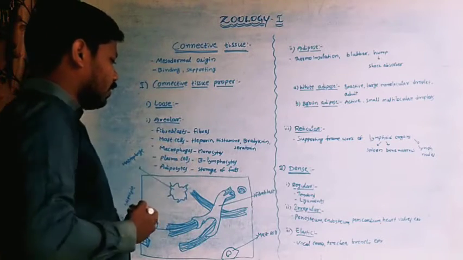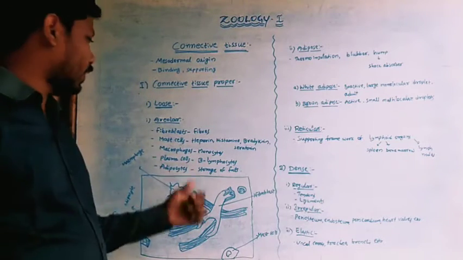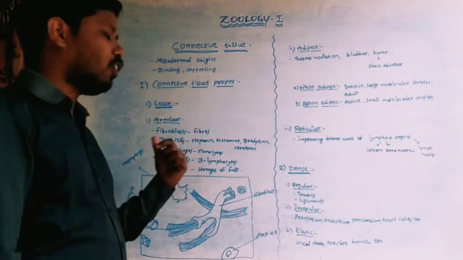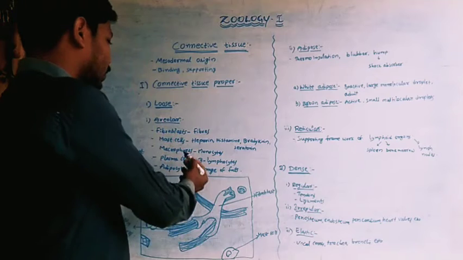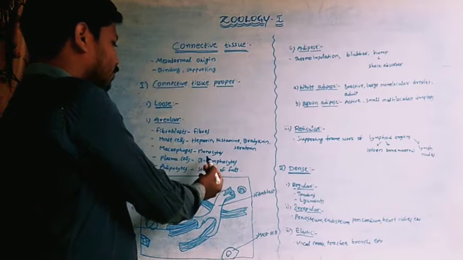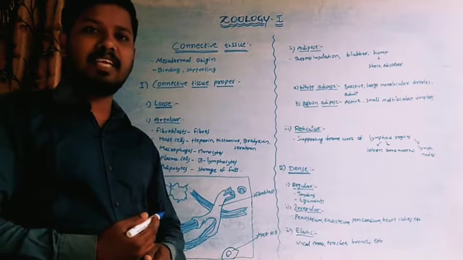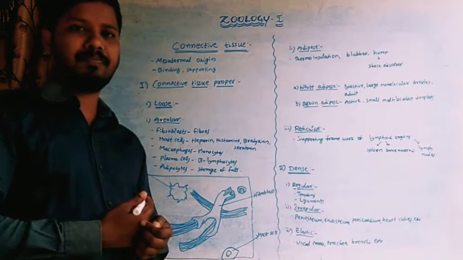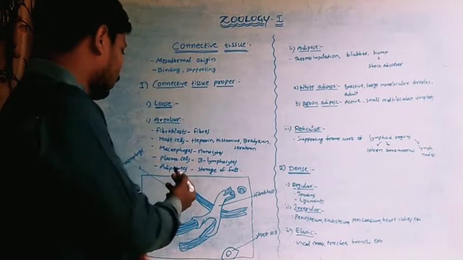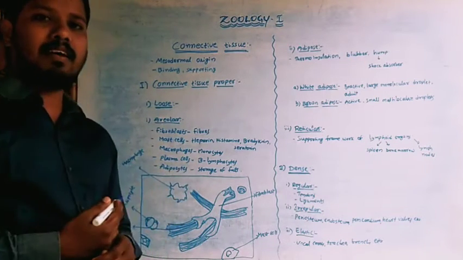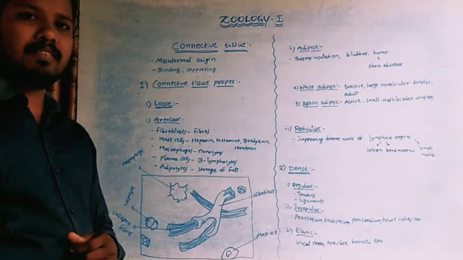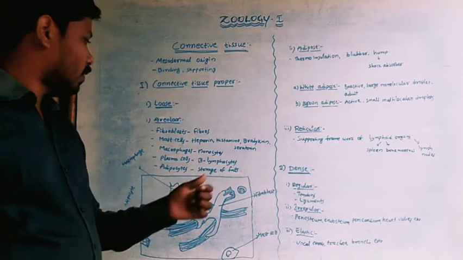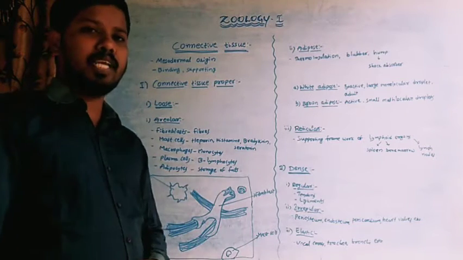Next one is the macrophages. Macrophages are involved in the phagocytosis function, and are derived from the monocytes of the white blood cells. Plasma cells are derived from the B lymphocytes, which produce antibodies.